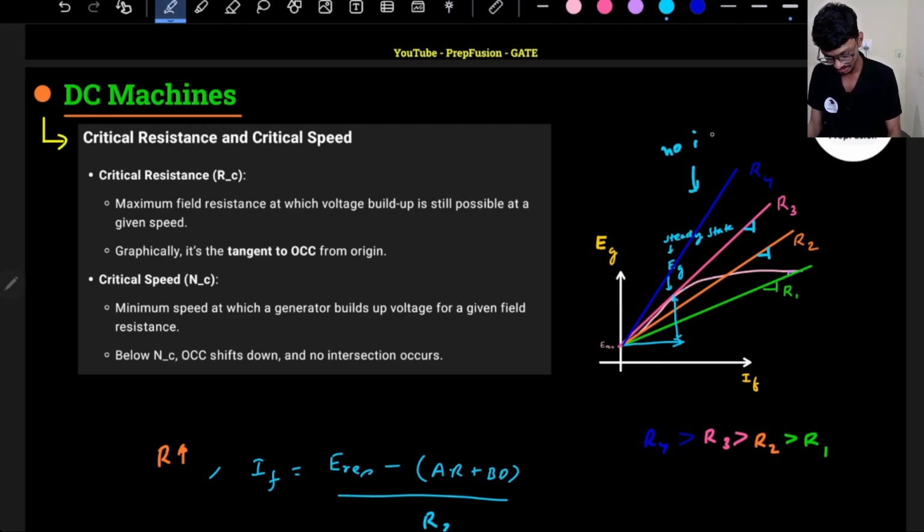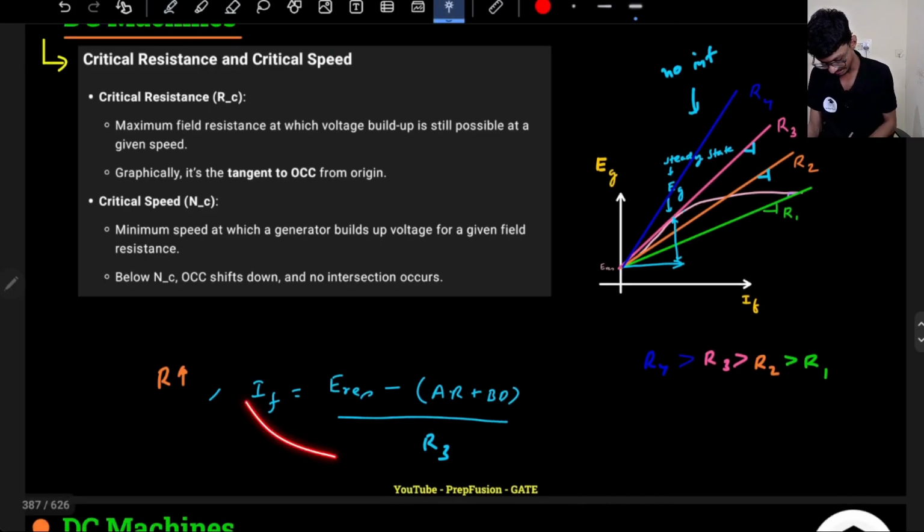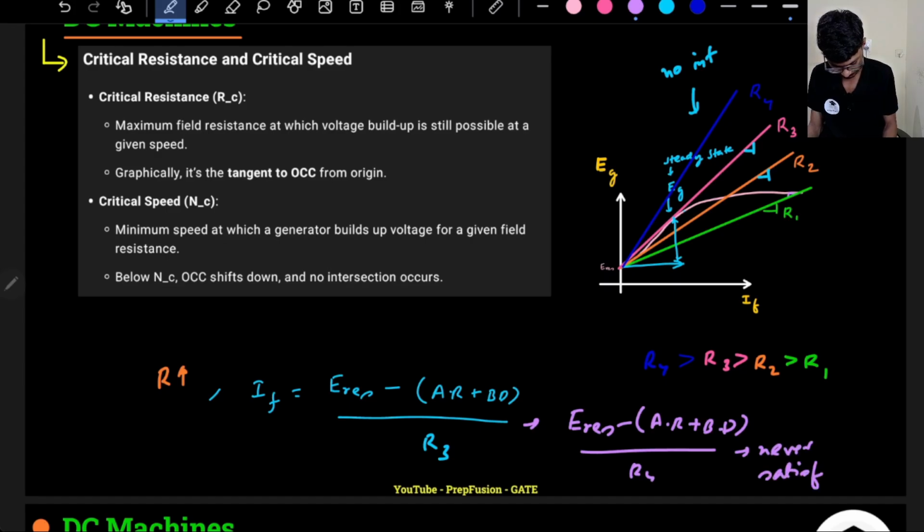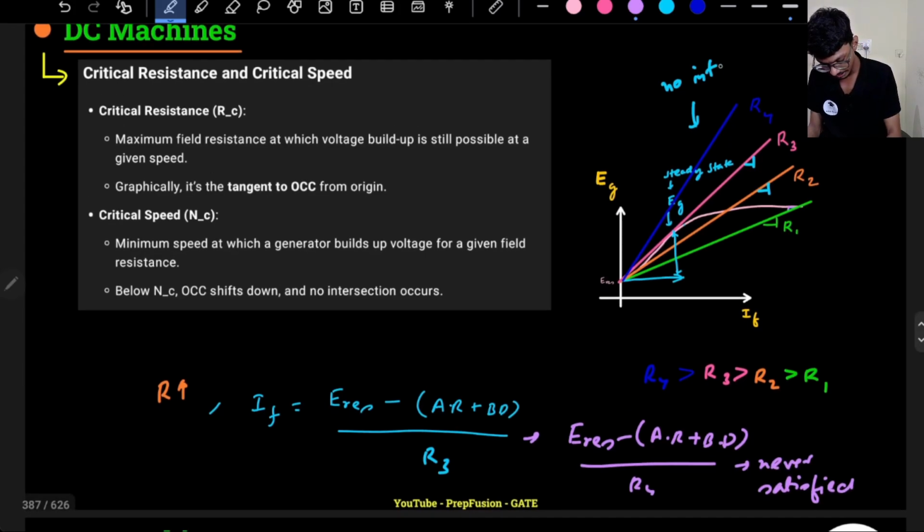If there is no intersection, this equation will never be satisfied. If I change this to E residual minus armature reaction plus brush drop divided by R4, it is never satisfied. So if there is no intersection, then voltage buildup will fail.